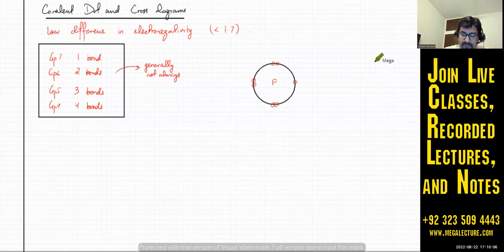So there's only room for 1 electron, which is why if you have a hydrogen atom that's somewhere close to it, then the hydrogen atom will be pulled close to it, and they're going to form one covalent bond. Remember, in a covalent bond, no one is going to be able to lose or gain electrons because the difference in electronegativity is very low. Okay, so group 7 only makes one bond.